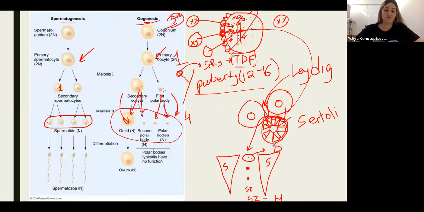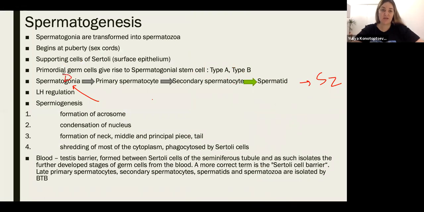So now we have to ask ourselves, at which point do we change to become haploid? You need to remember that spermatogonia are diploid. Primary spermatocytes are also diploid. But starting from the secondary spermatocytes down, the cells are haploid. So spermatogonia are diploid, diploid, haploid, haploid, haploid.